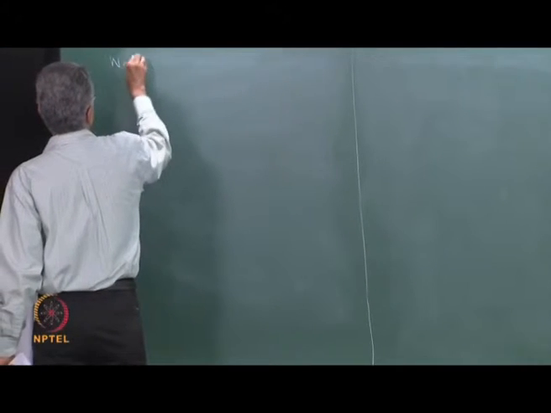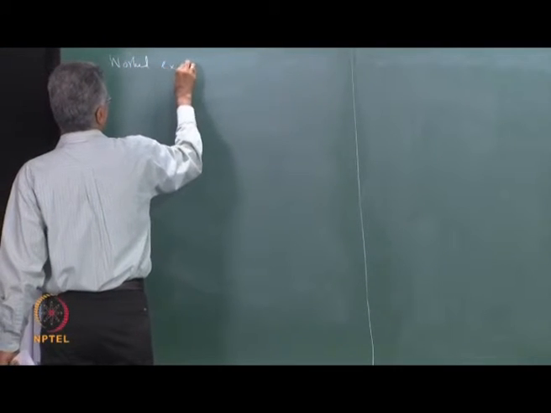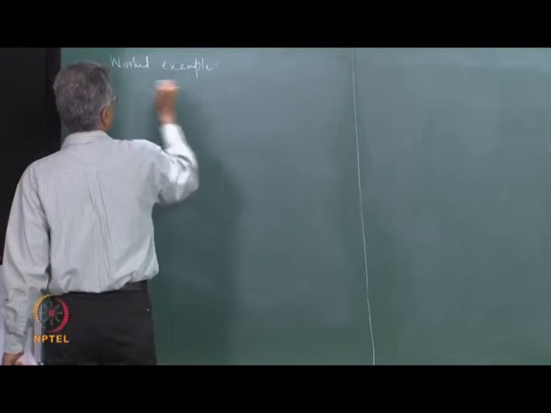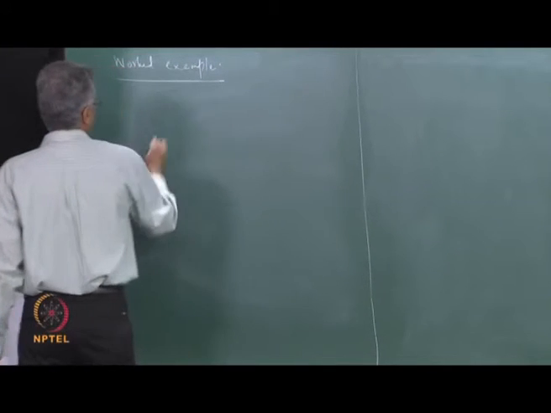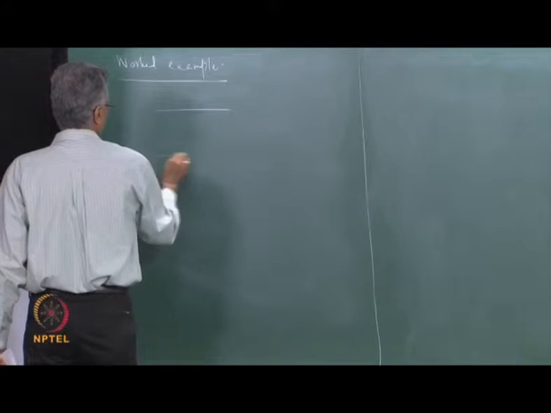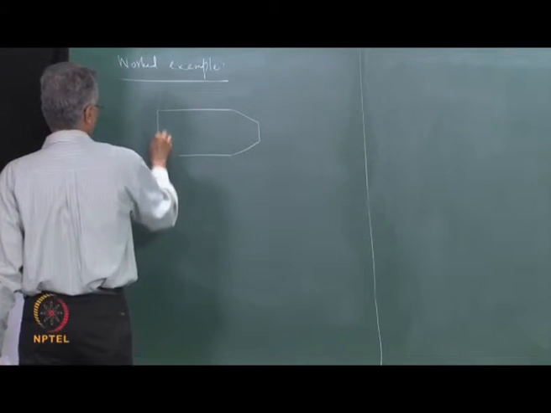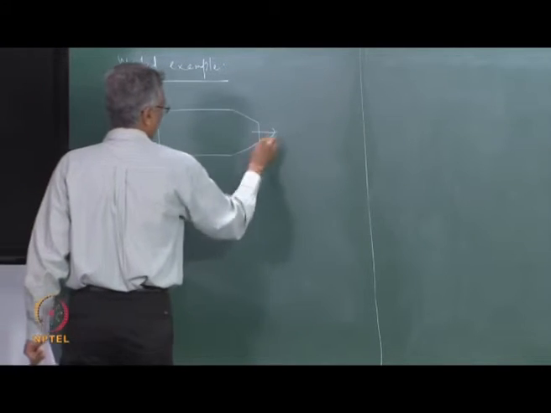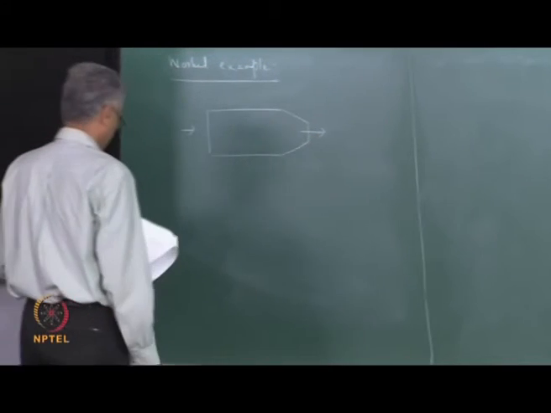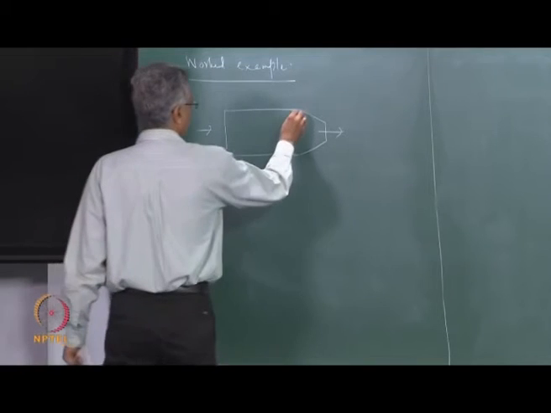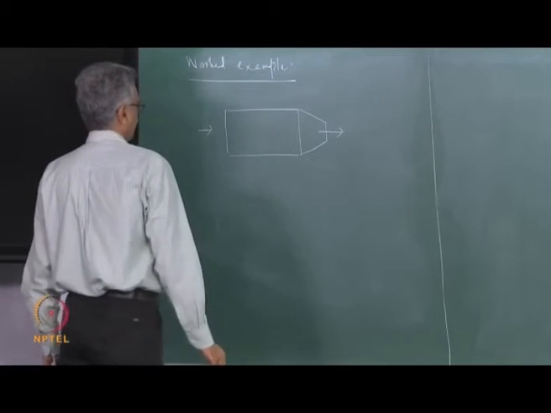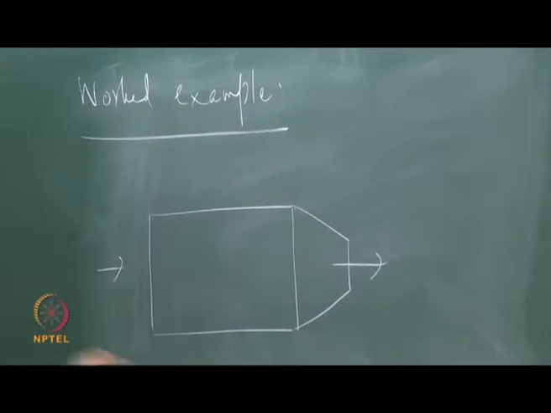So, this is the second worked example. Let us sketch the problem or the situation given in the problem. So, we have a constant area afterburner followed by a converging nozzle.